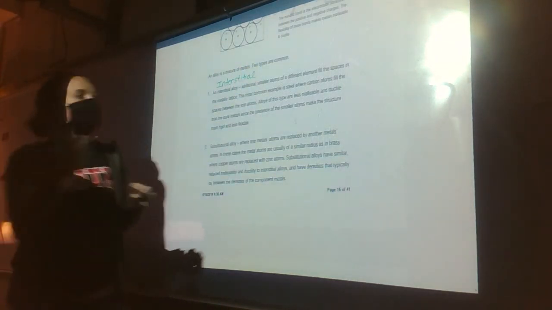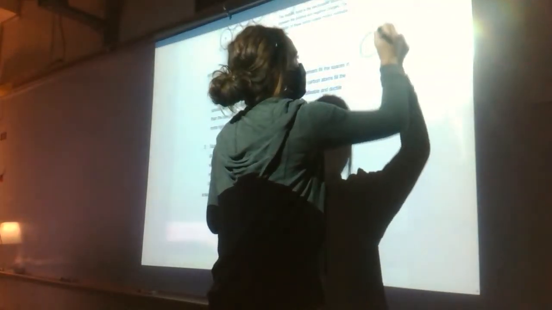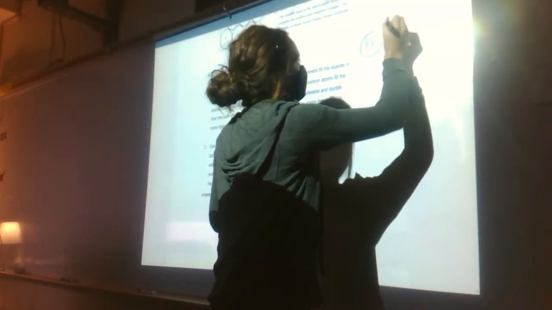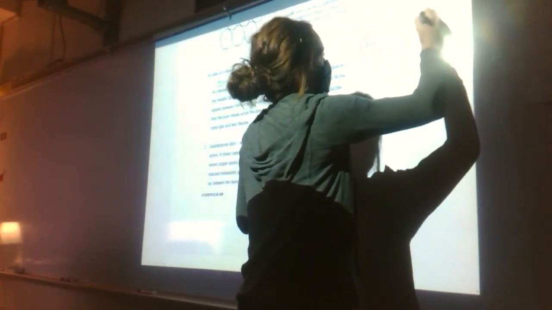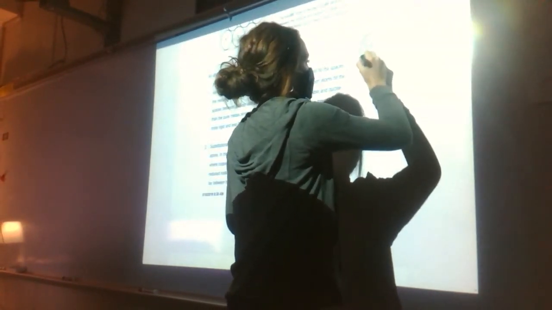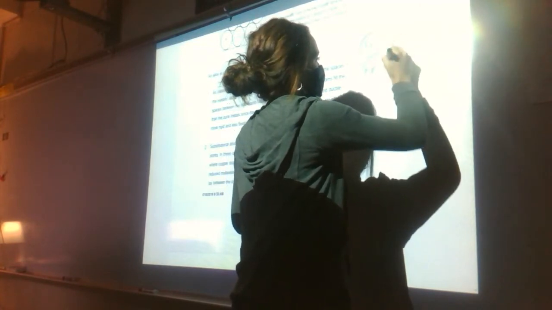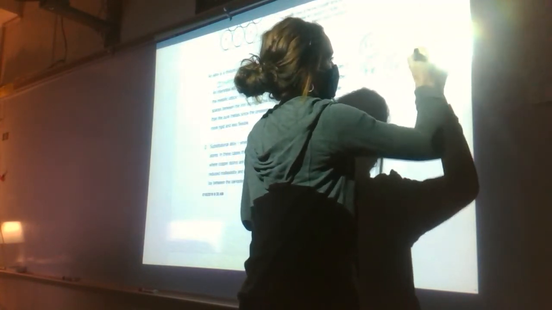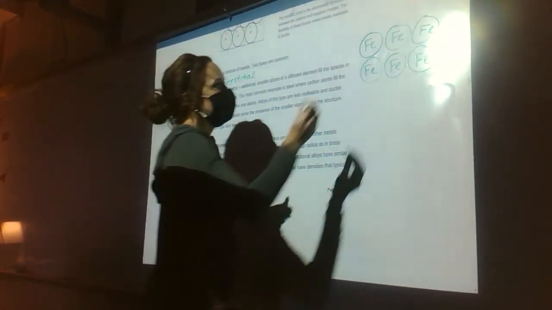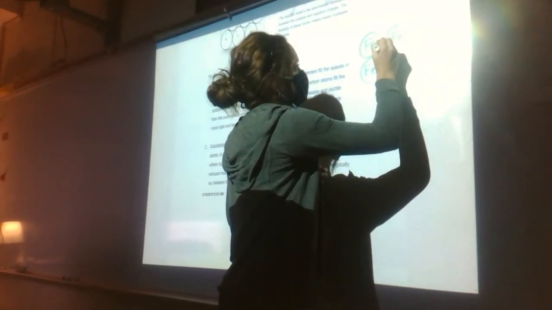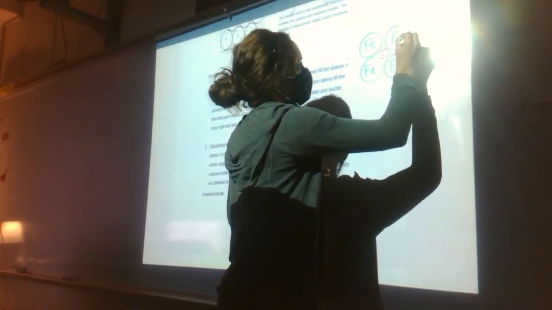This is when you have a large metal, like iron, with its metallic bonds. And a smaller element or a smaller atom comes in, and it gets in the empty spaces, like carbon in this case.